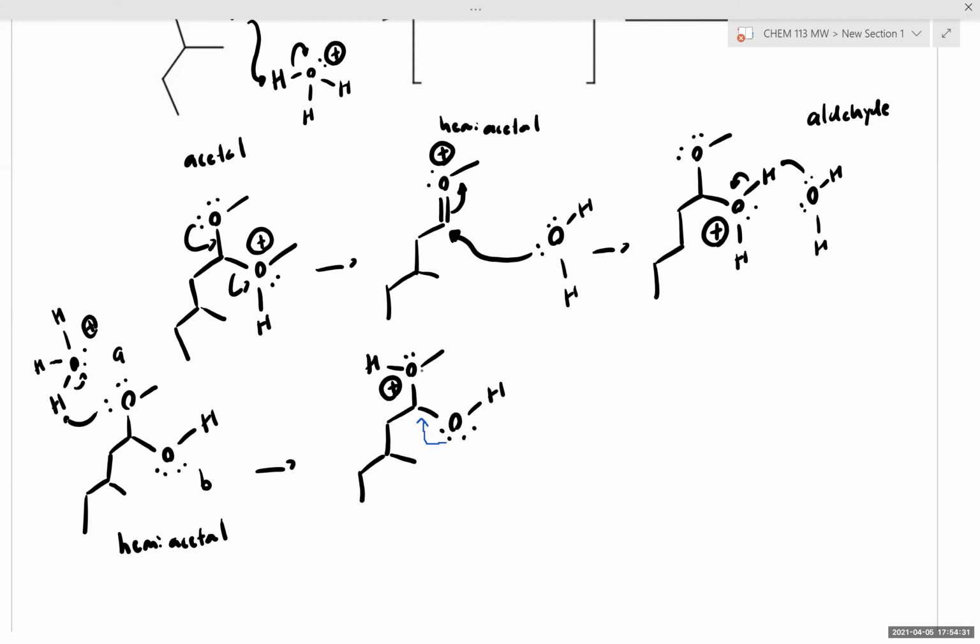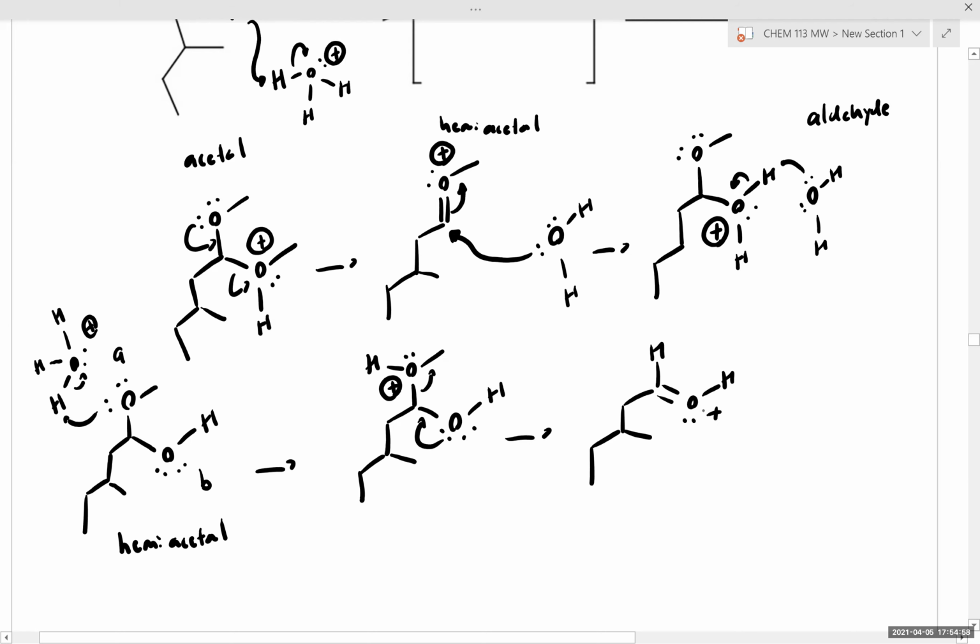The lone pair on the alcohol oxygen gets kicked down and we lose our leaving group. Would you be able to draw that second arrow for the loss of the leaving group? Perfect, perfect, exactly right. So let's redraw that now. So we kick out our leaving group. We now have a protonated aldehyde.